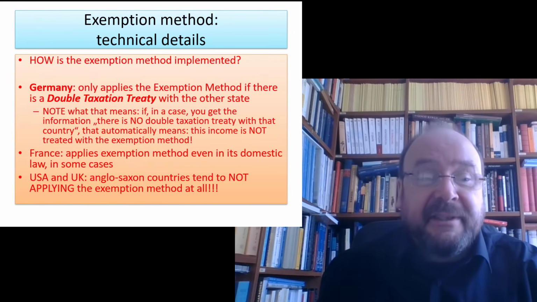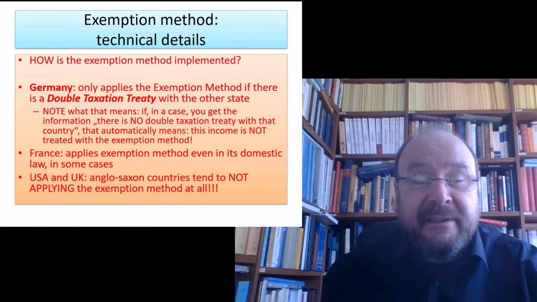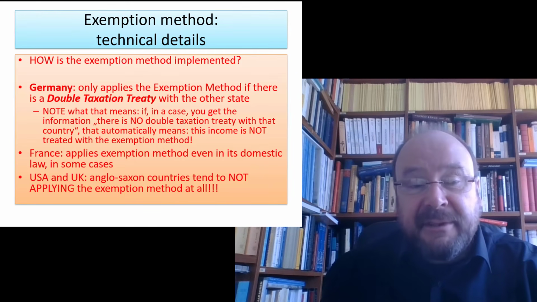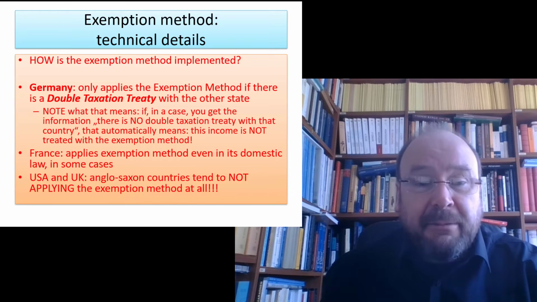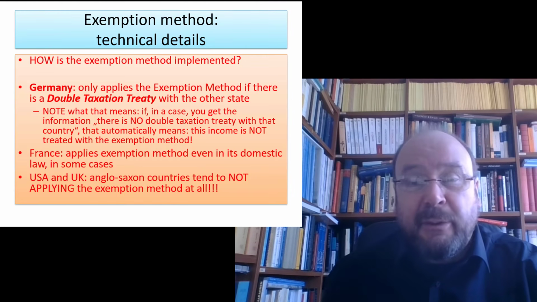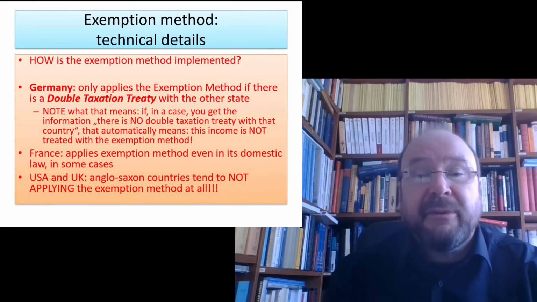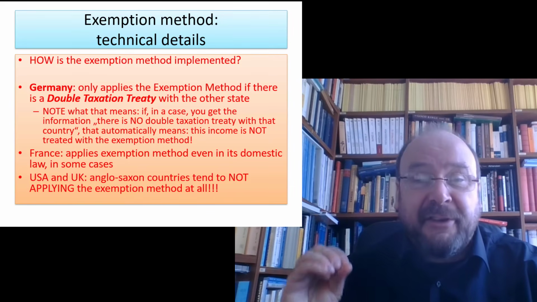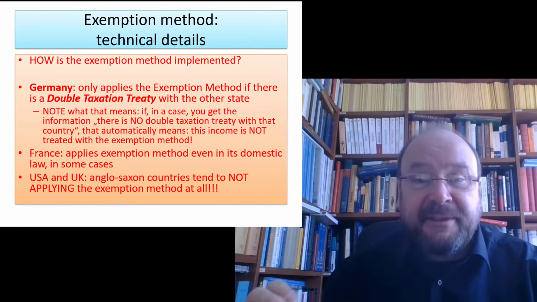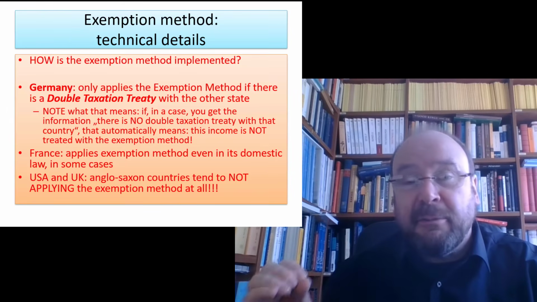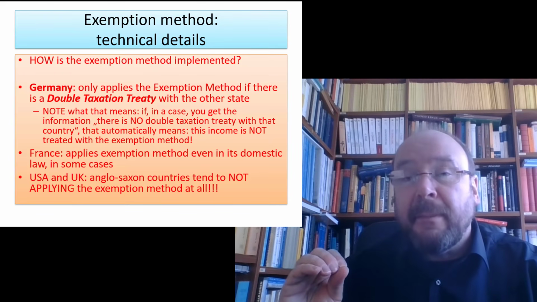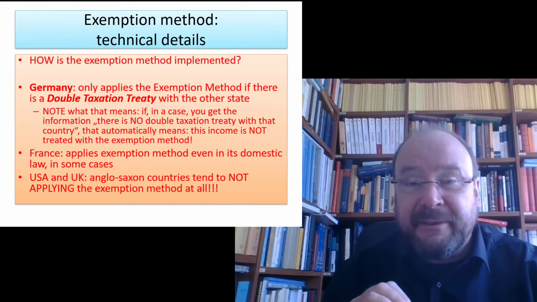Now the next question is naturally, how is the exemption method implemented? Germany only applies the exemption method in cases where we have a double taxation treaty with the other state. So we say our investors get the best chances to invest in your country only if you make a treaty with us. That's our incentive to motivate other countries to make treaties with us.